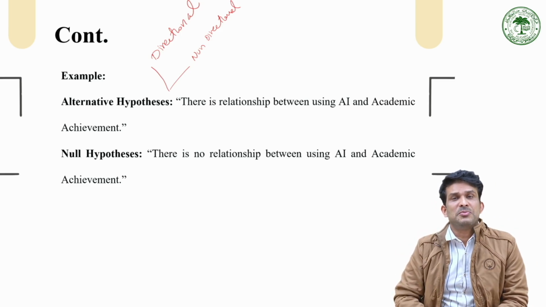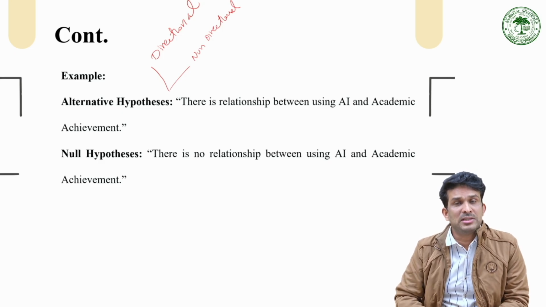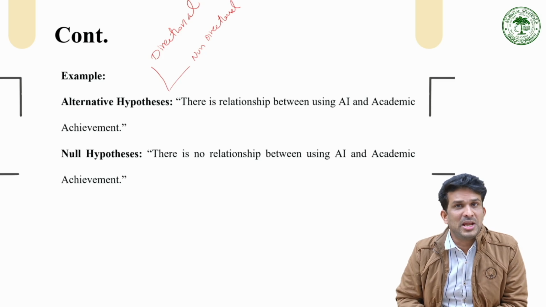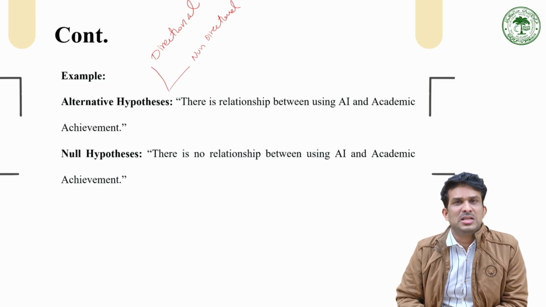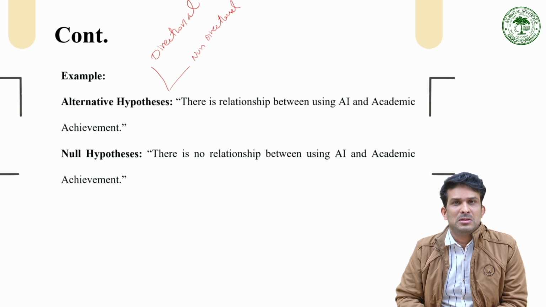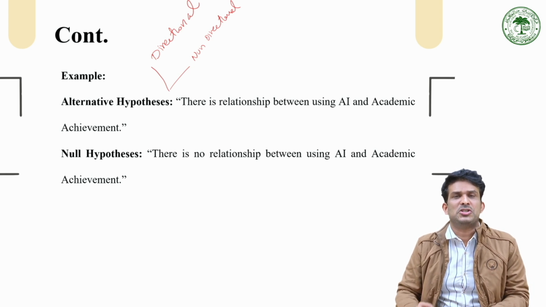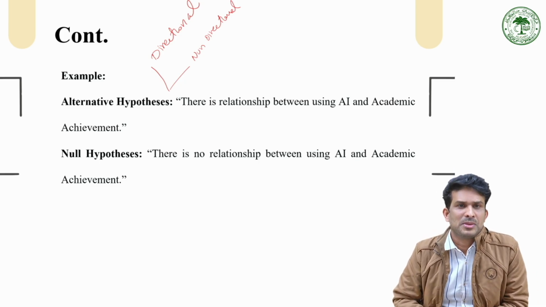There is a difference between boys and girls. We don't know who is performing better. There is a relationship between social intelligence and aggressive behavior among primary school students. As a researcher, I have not mentioned whether it is a positive relationship or negative relationship. This is non-directional hypothesis.